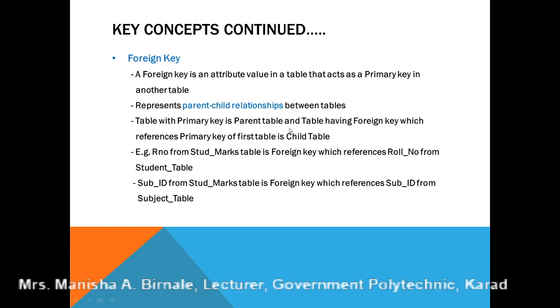There is one more concept of key, that is the foreign key. A foreign key is an attribute in a table that acts as a primary key in another table.